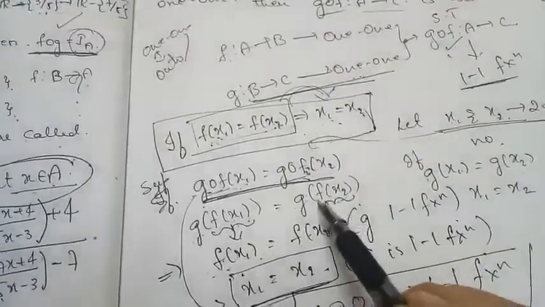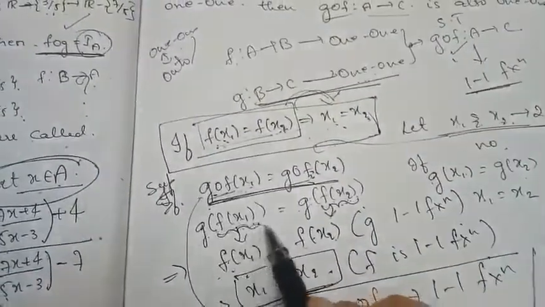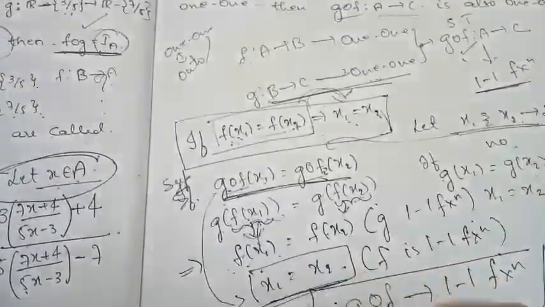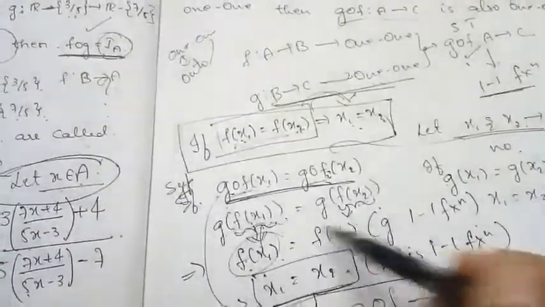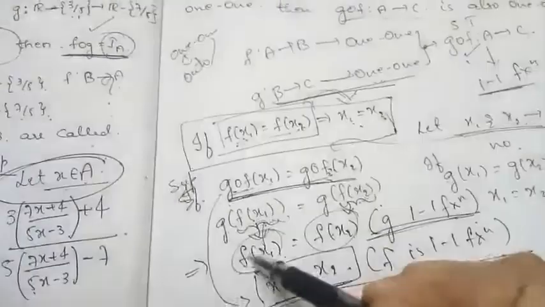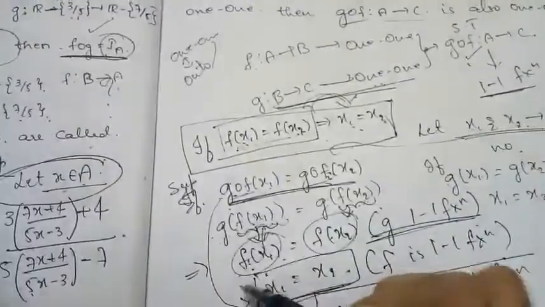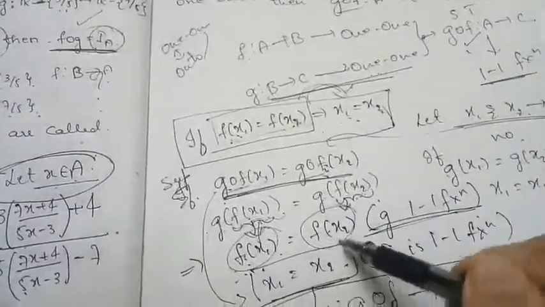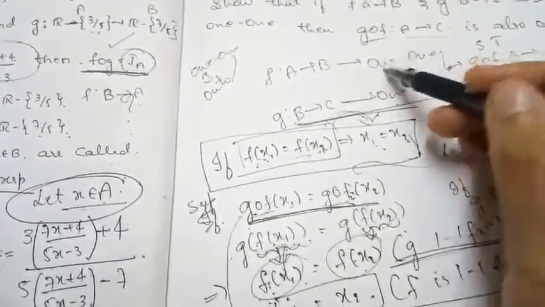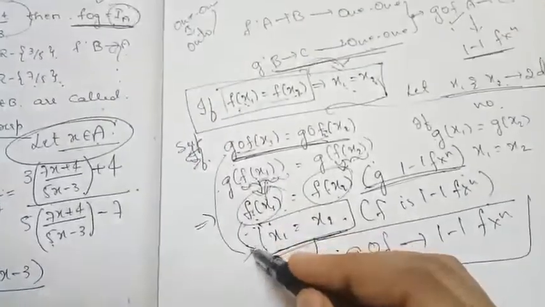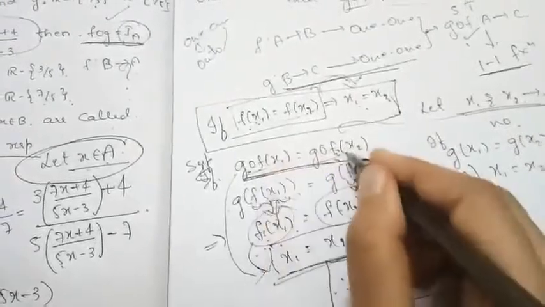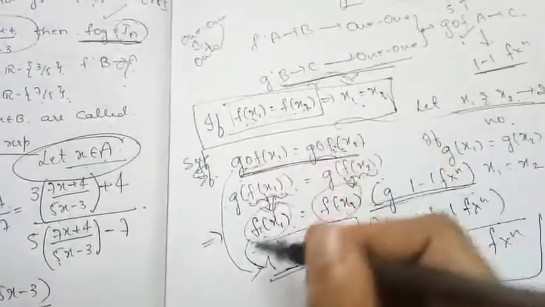So g of f of x1 and g of f of x2 is nothing but the image of the function g, so the elements are f of x1 and f of x2. So since g is one-one, from this step to this step, this implies f of x1 is equal to f of x2. Now again they have said f is also a one-one function. Since f is also one-one, what does that imply? x1 is equal to x2. So we started with two equal images and concluded that the two elements are the same.